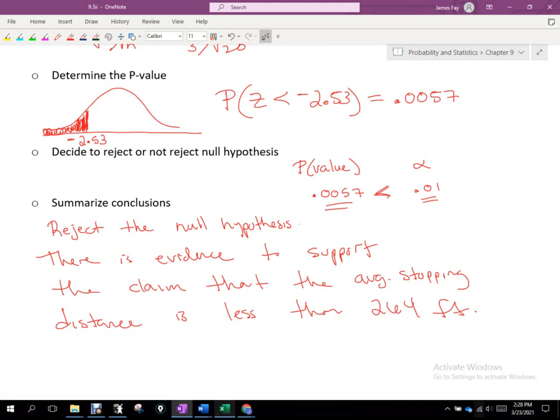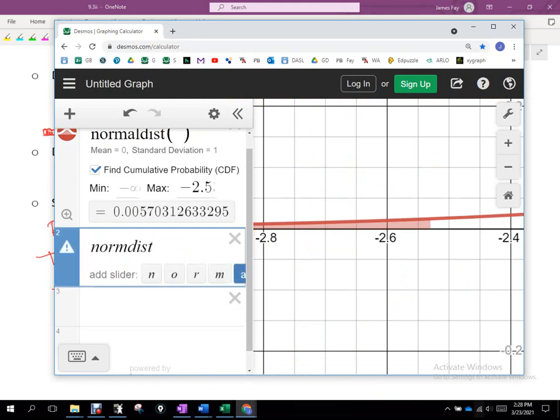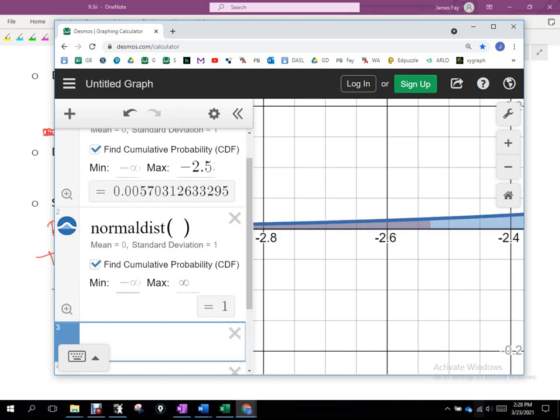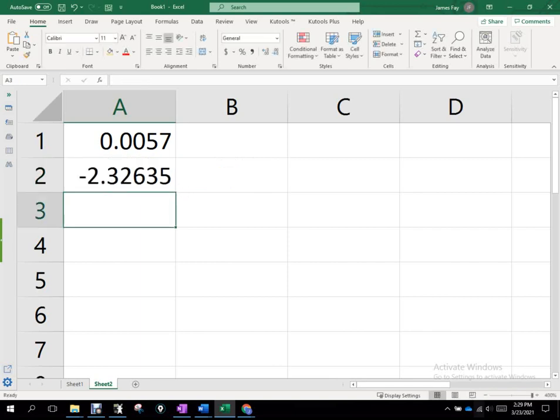When I left this on Desmos to kind of show this, when we talk about the alpha of 1%, okay, so going from 1%, if I go equals norm.inv of 1%, so 0.01, I get a negative 2.32, negative 2.32.